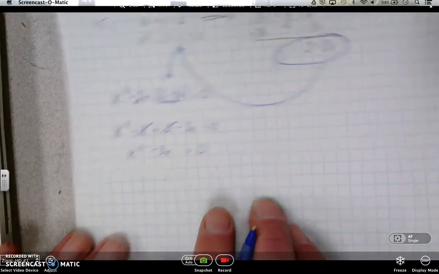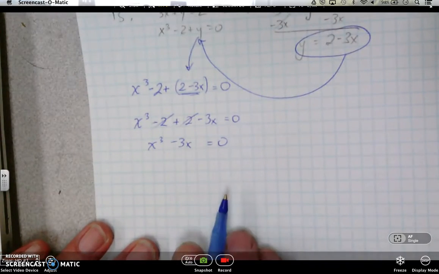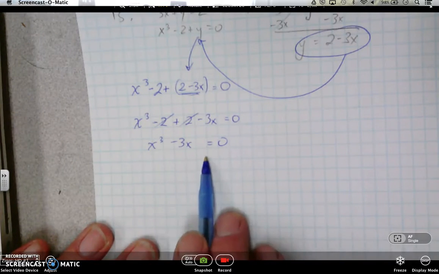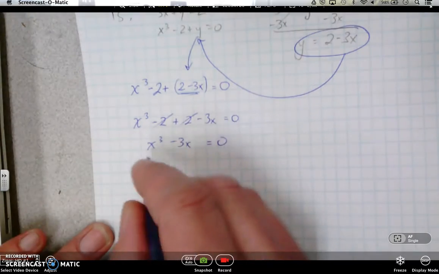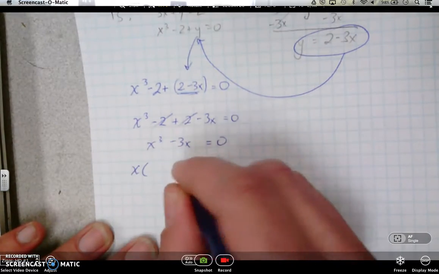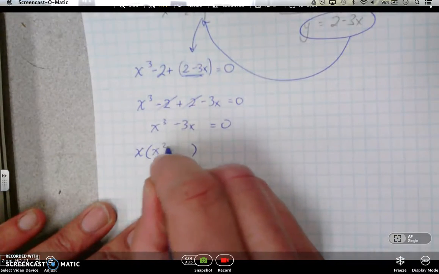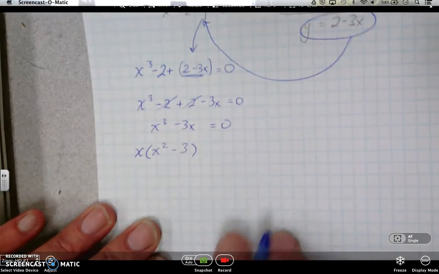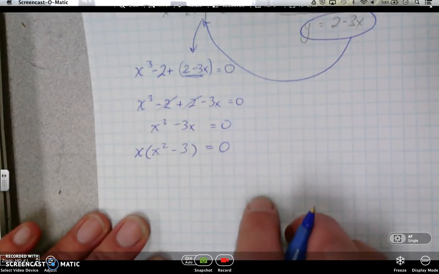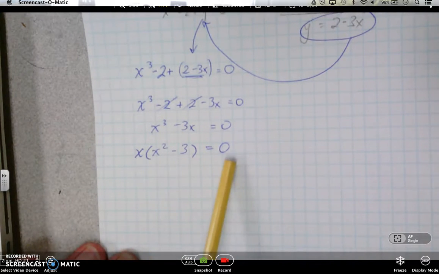Okay, now, in earlier chapters when we had x cubed, we did things like synthetic division and things like that. But this one's just x cubed and an x. There's not a whole lot of other stuff in here. So if we look just at these two, we say, oh, they both have x. Let's factor out an x. If we do that, what we have here is x squared minus 3. Now, why in the heck would we do that? Well, now we have this times this equals 0.